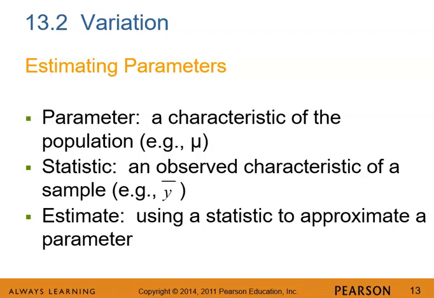And what is an estimate? An estimate is using a statistic, or in other words, using characteristics of the sample, to approximately calculate the parameter, which is the population's characteristic.